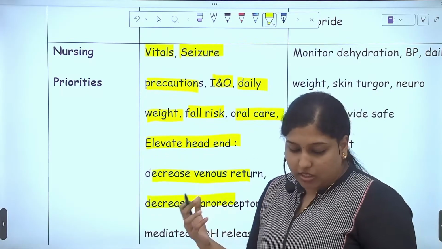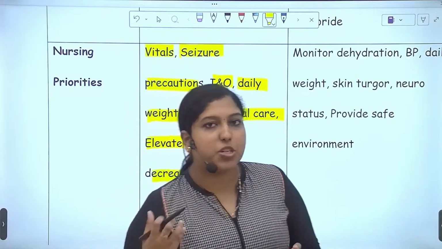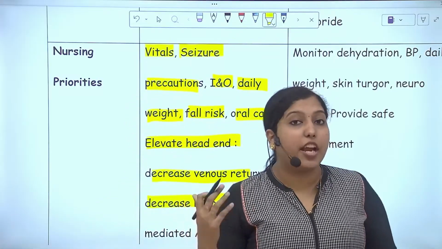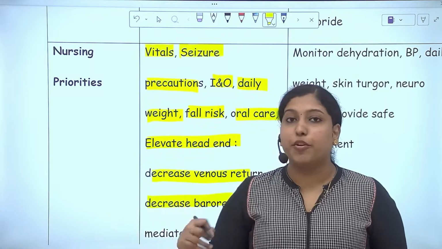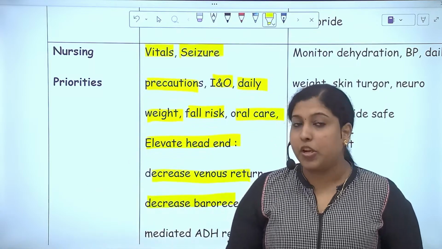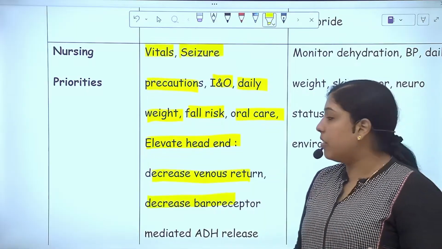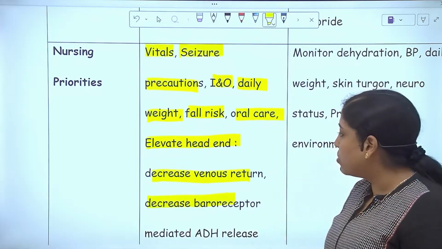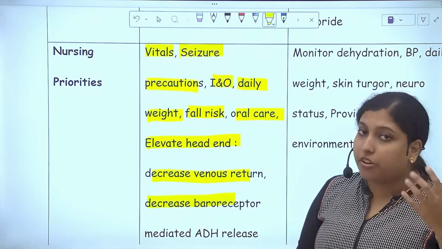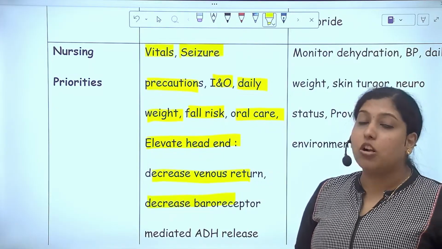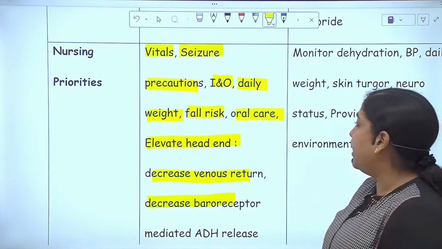Hyperactivation of the baroreceptor is an additional factor that increases the ADH level in the body. When we elevate the head end, the intrathoracic pressure is reduced and the baroreceptor stimulation is reduced. Thereby, the baroreceptor will not stimulate production of more ADH.